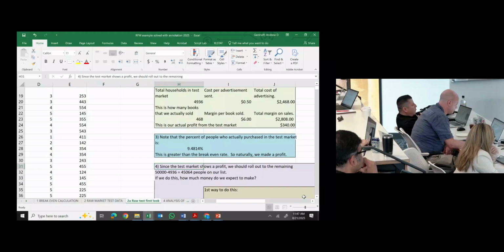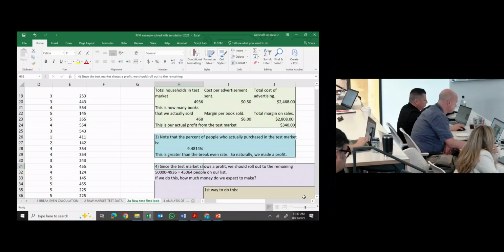So what's left that I have not sent to, what I'm going to call not the test sample, but the rollout sample. It's the remaining people, the people that I'm really going to roll out this program to. There's 45,064 people on my list who have not received advertisements. What do I expect to happen if I send to those 45,000 people?